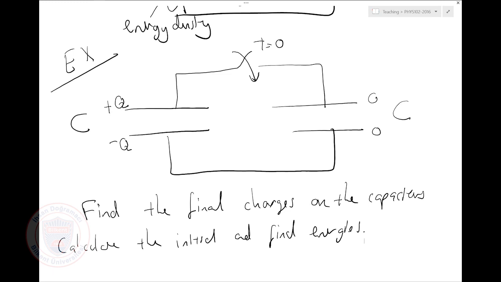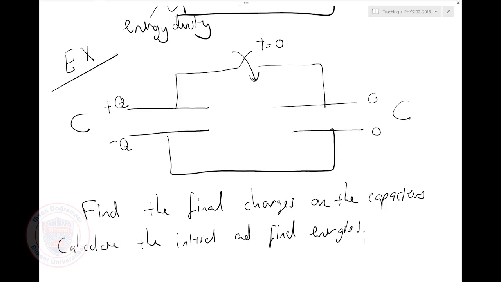If I take the potential here to be 0, the potential on the upper conductor will again be 0. So there is a potential difference of Q over C between these two ends. So when I close the switch, this potential difference must equilibrate. What must happen? Some of the charges here must go to the other side.